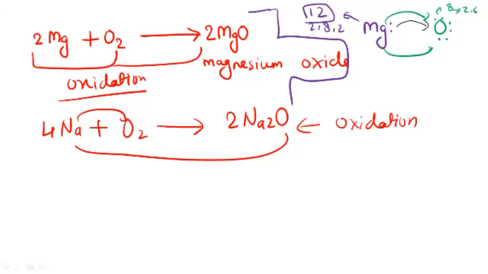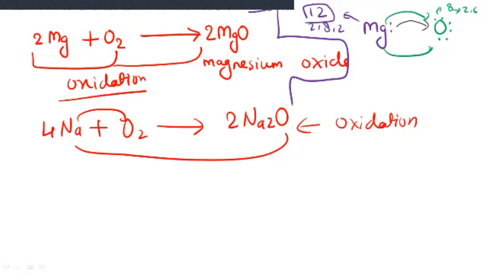And if it is less than 4, then it donates the electrons. So here what is happening? No one is answering, so I'm not going to give the chocolate to anyone. Okay, Ashram is saying magnesium is donating electrons.